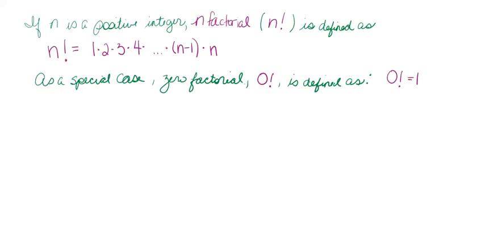If n is a positive integer, n factorial, denoted n with an exclamation point after it, is defined as 1 times 2 times 3 times 4 all the way to n. But we also showed the term before n, which is n minus 1. Remember, every term is one more than the term before it.